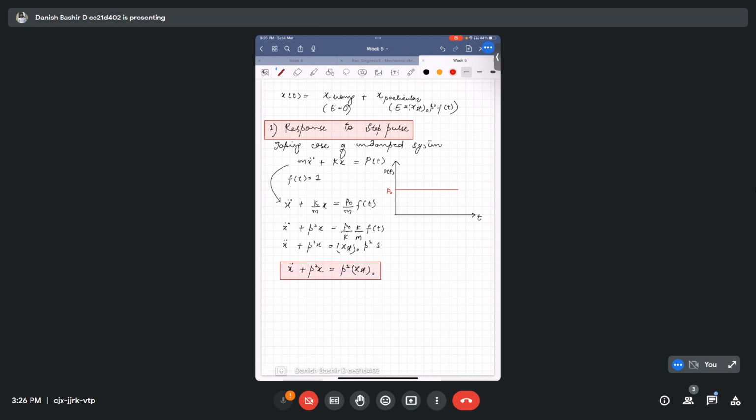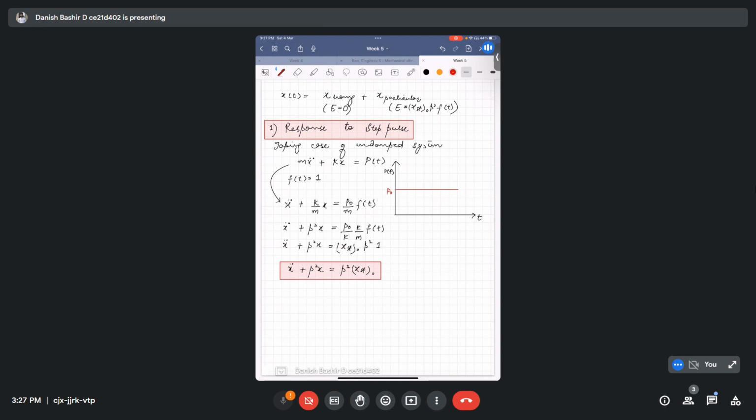So we will be solving it, since f of t is 1. Its homogeneous solution will be when its right hand side is equal to 0. If the right hand side would have been equal to 0, it means that it is free vibrations.